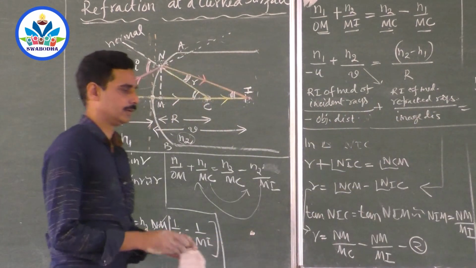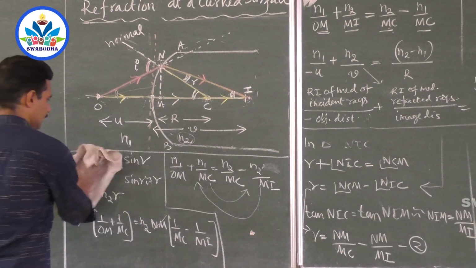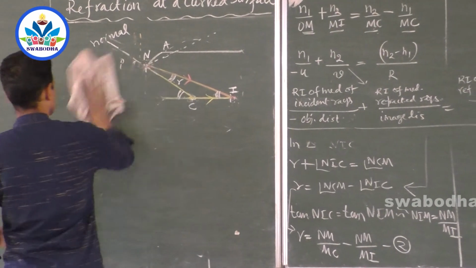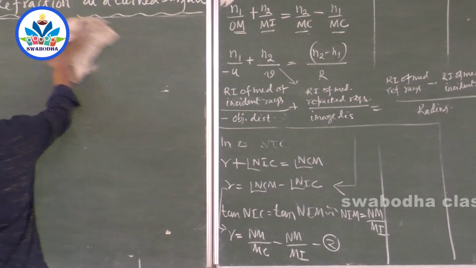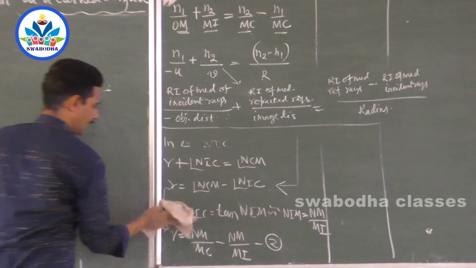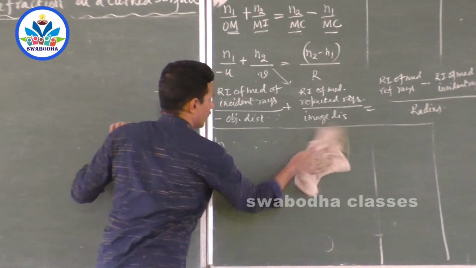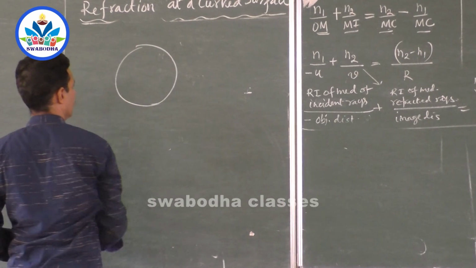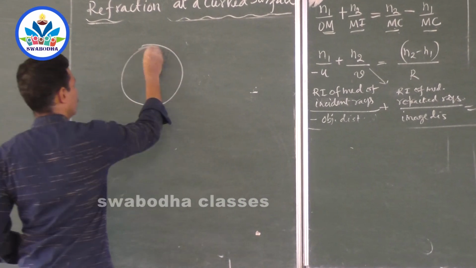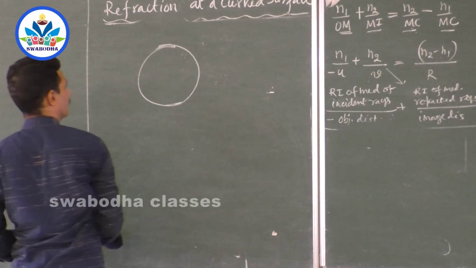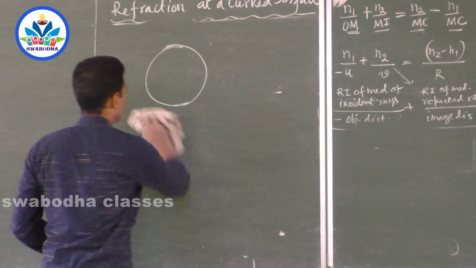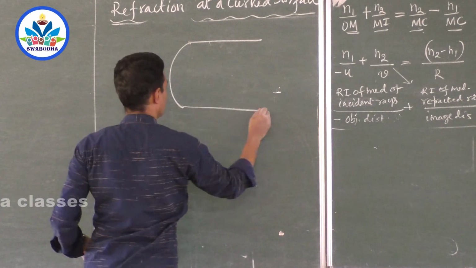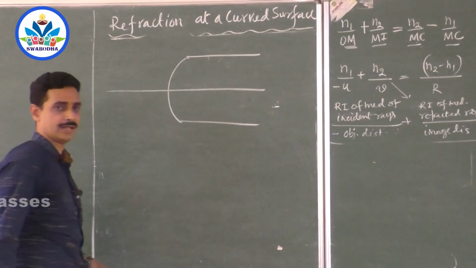Suppose you take a simple problem. Suppose you are asked to find out, suppose I have a sphere like this. Suppose you have a glass rod.